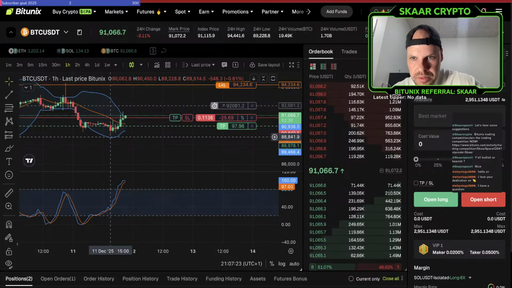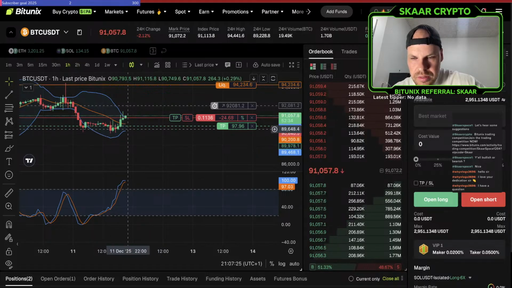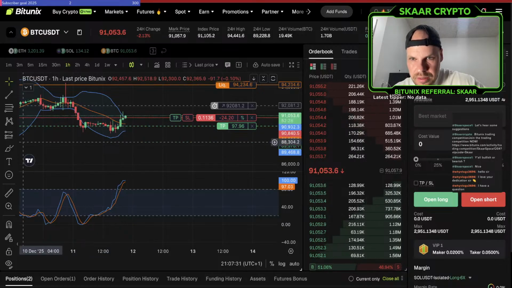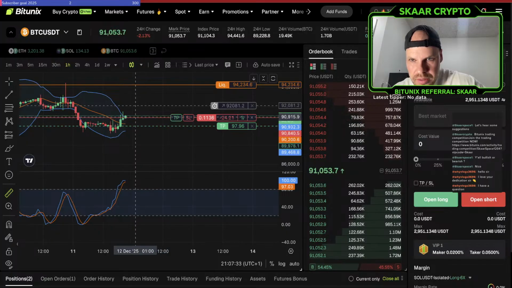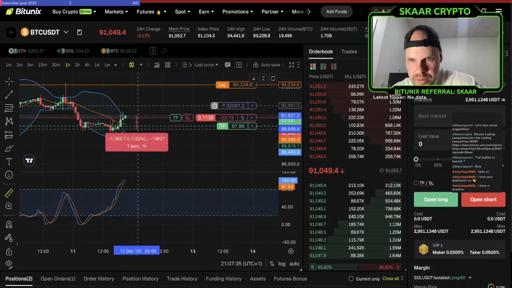You can see the 1 hour is actually moving up, so that's great. Bounce, hit the top, hopefully get rejected here and move down.